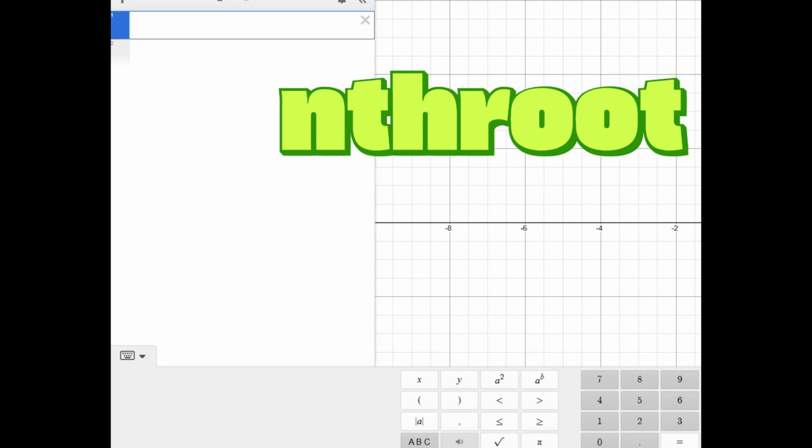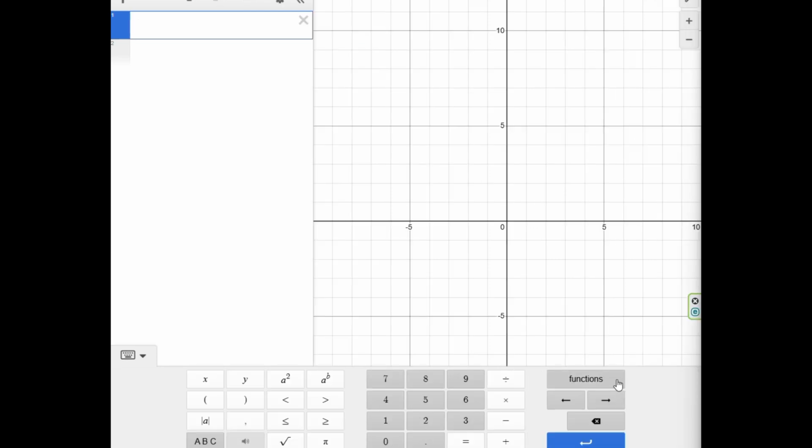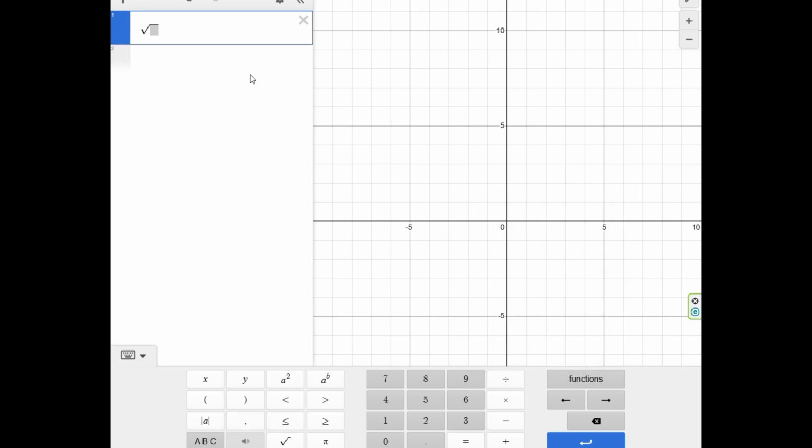Using the keyboard, you would ideally write N and then root, and then your root would appear. But for those who do not have a keyboard, don't worry, Desmos covers you. You can always click functions, scroll to the very end and click this button. It's the same thing, and it serves in the same way.